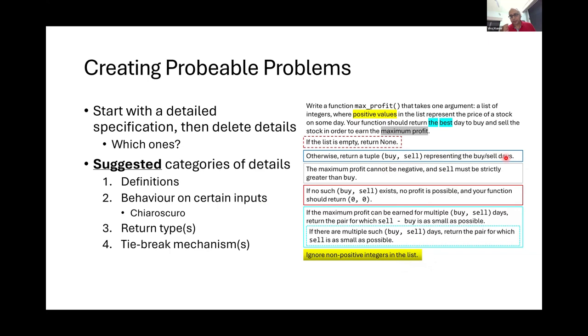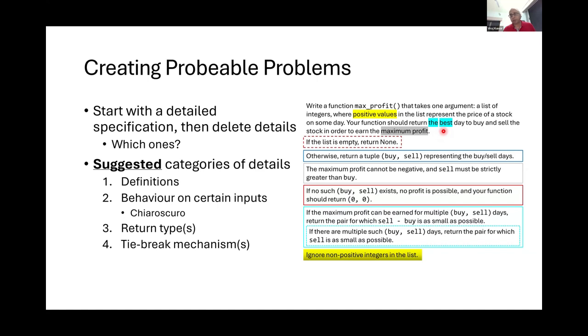And then here's another thing that we often found ourselves forgetting. We often talk about things like the best or the first or some, using the definite article in some cases, when in fact there is an opportunity for multiple such occurrences. So the question then becomes, well, what is the tie-break mechanism, right?